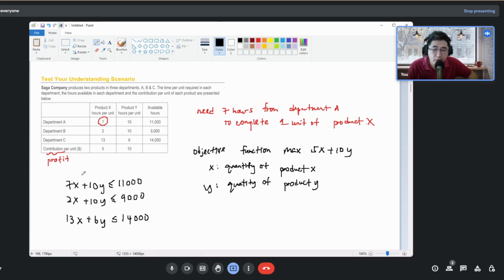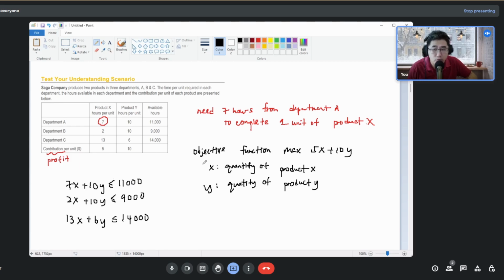So this 7x plus 10y represents the total hours that you need for product X and product Y. For each X product you need 7 hours, for each Y product you need 10 hours, right? So total hours will be 7x plus 10y, and you have available hours only up to 11,000.